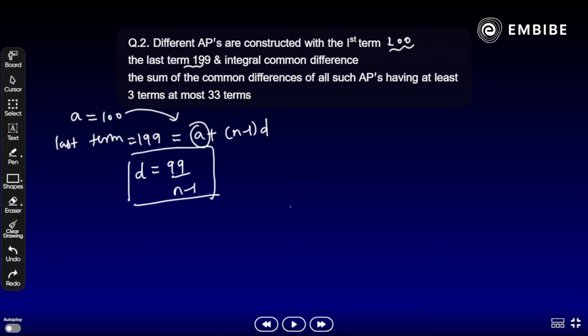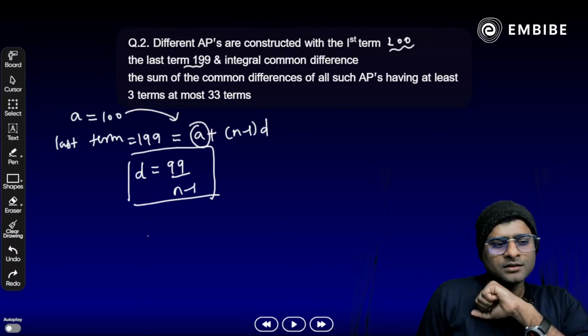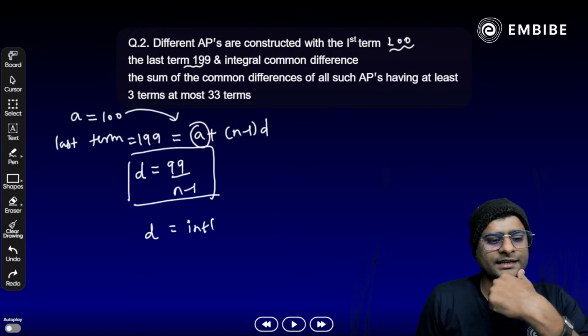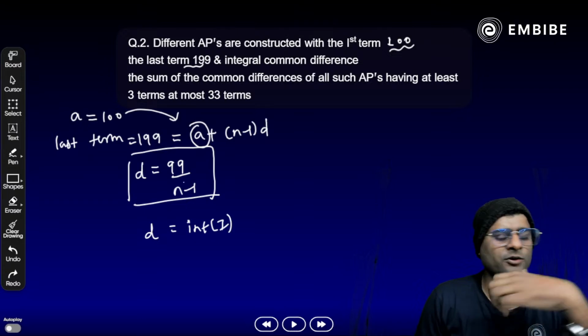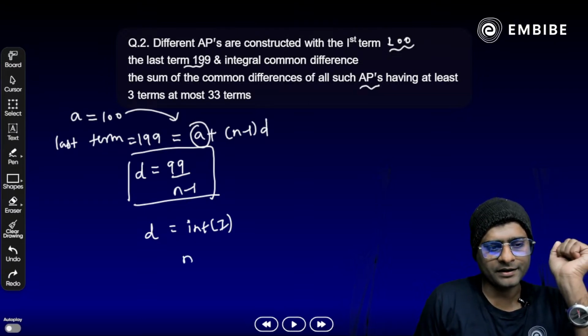Now what do you think about d here? d must be an integer. And what do you think about the small n? The value of n is already given here. It should be between 3 and 33.